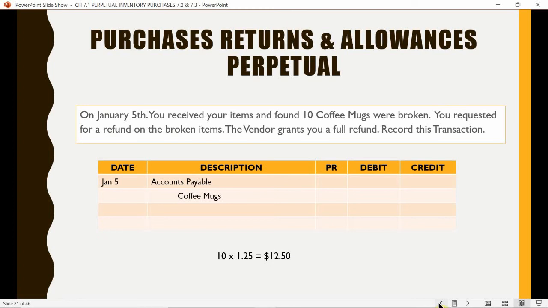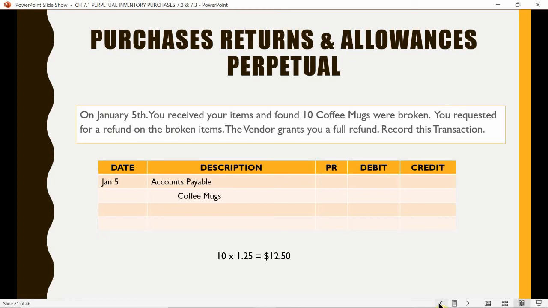So in this case, we didn't pay for it yet. So therefore, we need to reduce how much we owe them because we haven't paid for it. They're not going to give us cash for something we didn't pay for. So they're going to reduce the liability, the amount that we owe. And we're going to take that amount directly out from our inventory account, which is the coffee mugs.